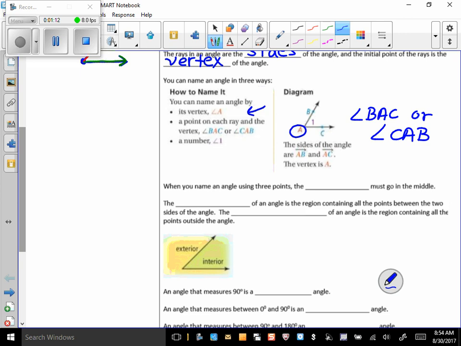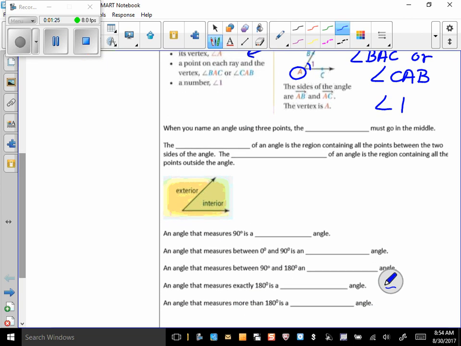Those are the same angles. Or as in this picture, we have a little 1 in there, so we can call that angle 1 as well. If you're naming an angle with 3 letters, you always have to have the vertex of the angle in the middle. Have to have the vertex be the middle letter.